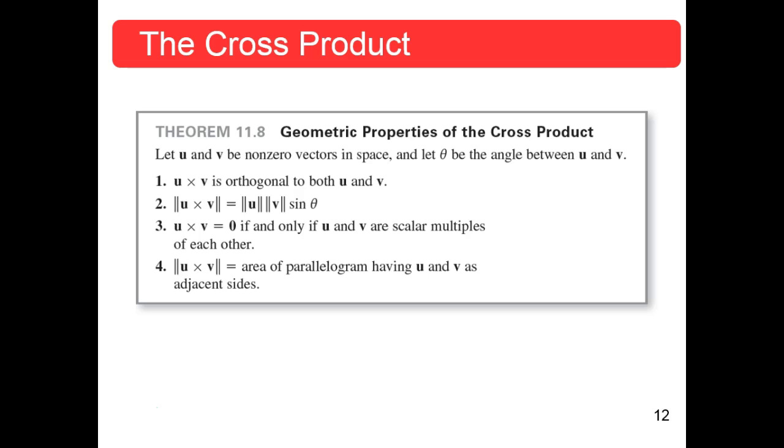You don't need the absolute values because it's going to be a scalar. So that is another difference in dot and cross products.